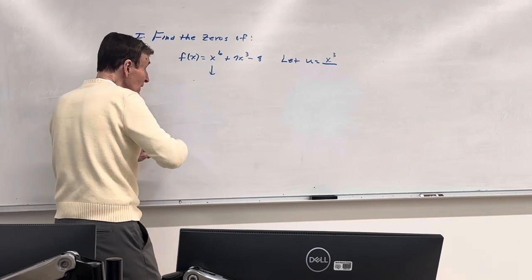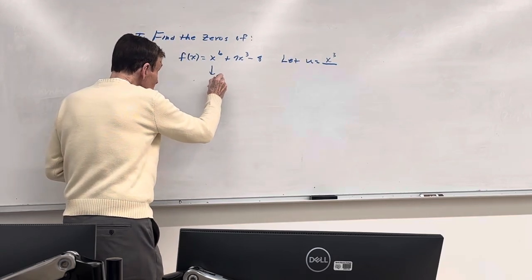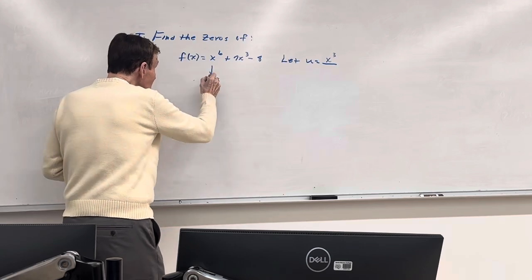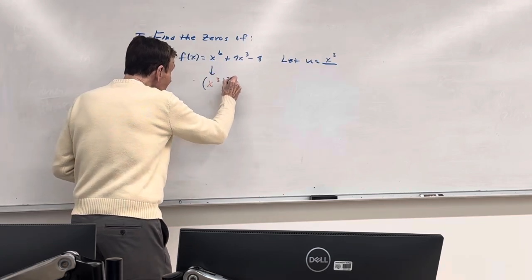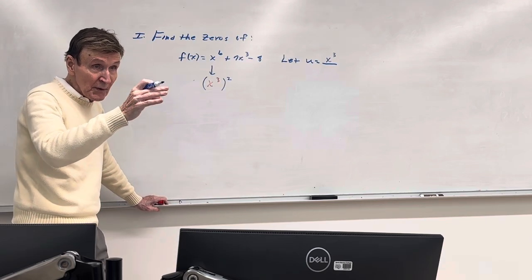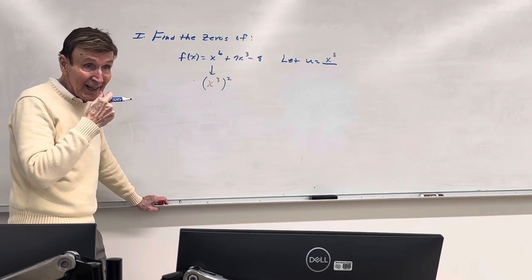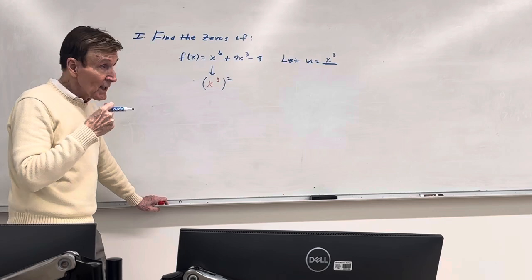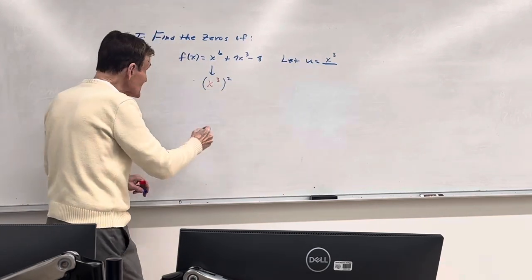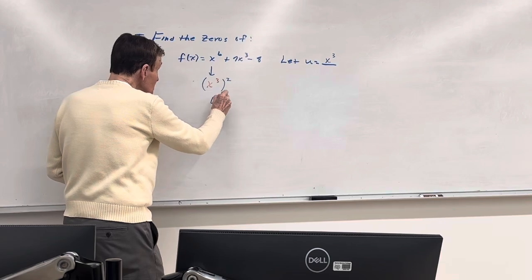But wait, Professor, x to the 6th, if I wish, could be expressed like this. Now that's not x to the 5th. The property says multiply the two exponents together. Is it x to the 6th? If it is, he says let u be x cubed.